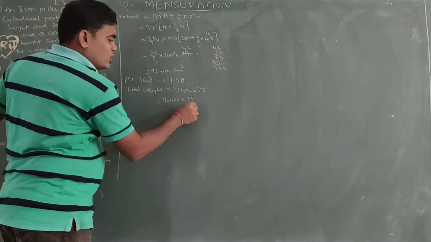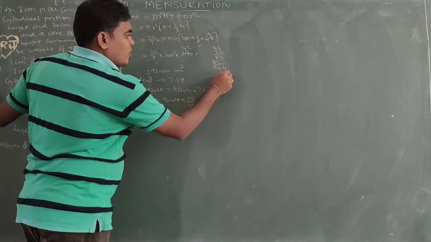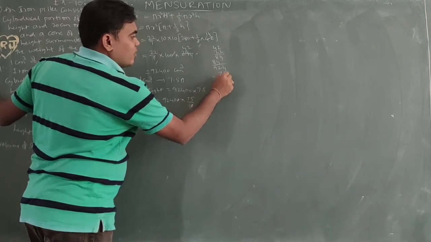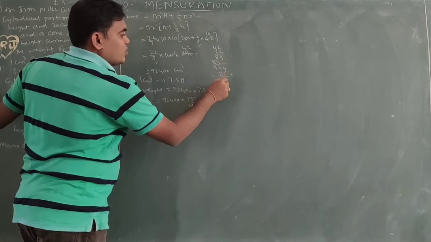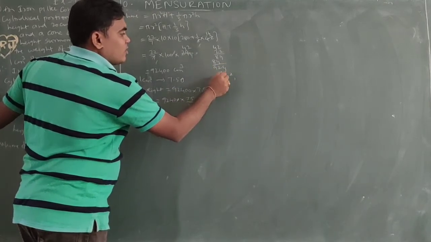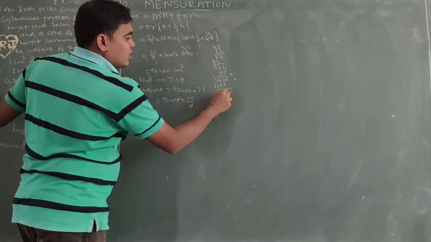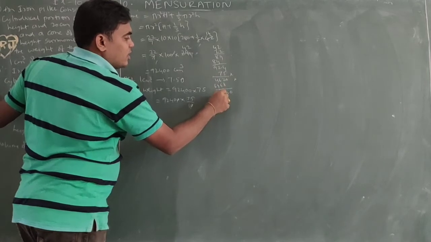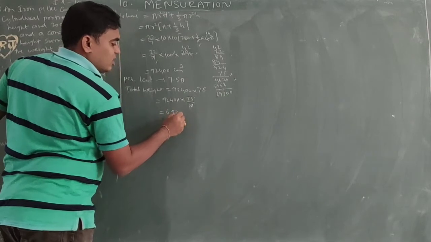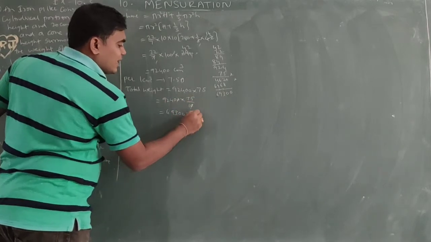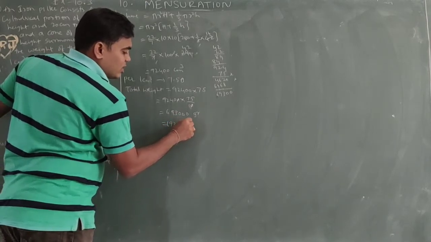The zeros get cancelled. 924 into 75 gives 69300, so 693 into 1000 grams.